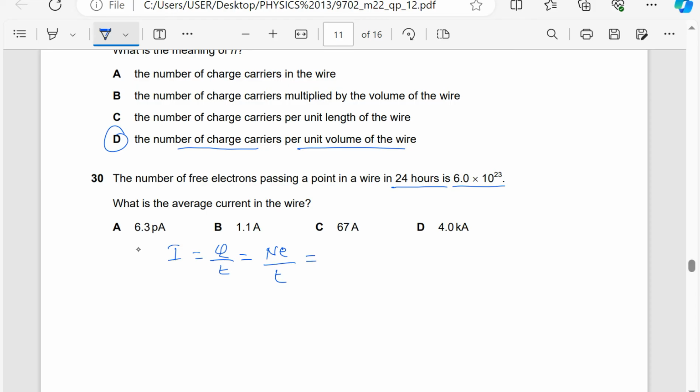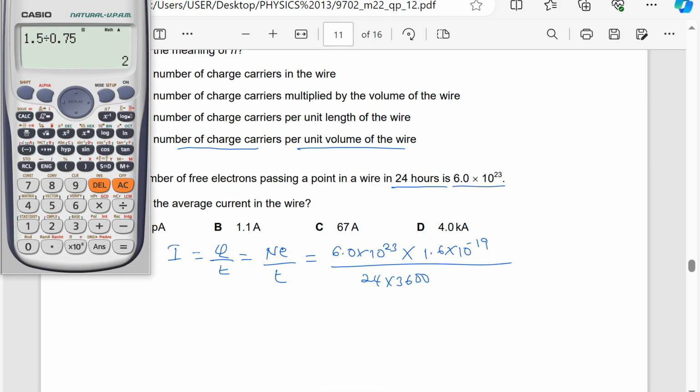Then this is going to be equal to the number of charge carriers, 6.0 times 10 to the power of 23. The charge of each charge carrier is 1.6 times 10 to the power of minus 19 because they are electrons. The time is 24 hours, which will be 24 times 3600.